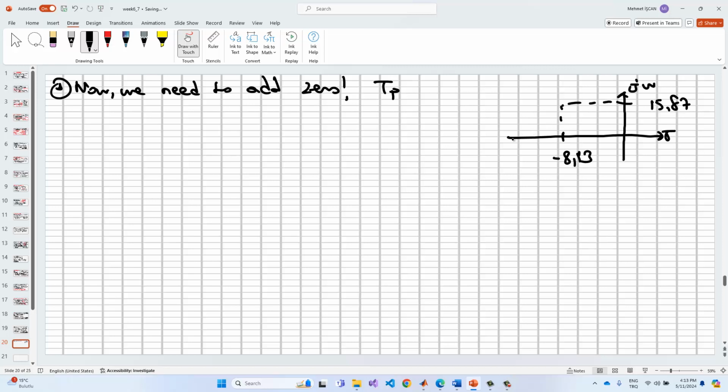And so if we want to do that, we need to add some closed loop zeros, the compensator zero in here. This is the new zero. To set the new transient response in here.